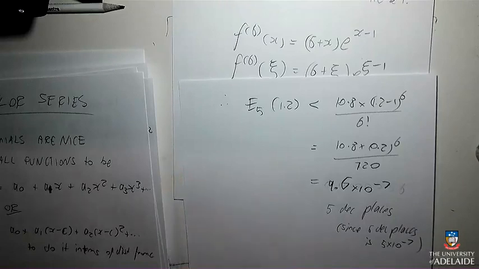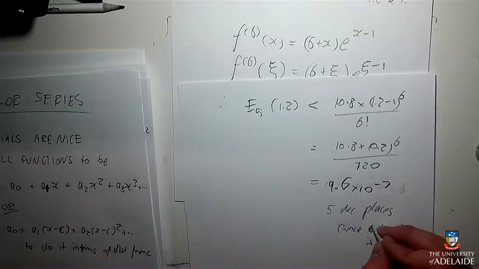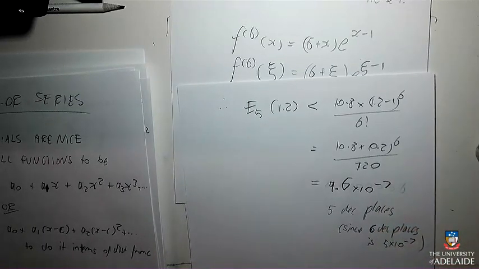Six decimal places is 5 times 10 to the minus 7. Great. Cool. So 5 decimal places is small enough for us to not be able to perceive the difference with the naked eye on Desmos.